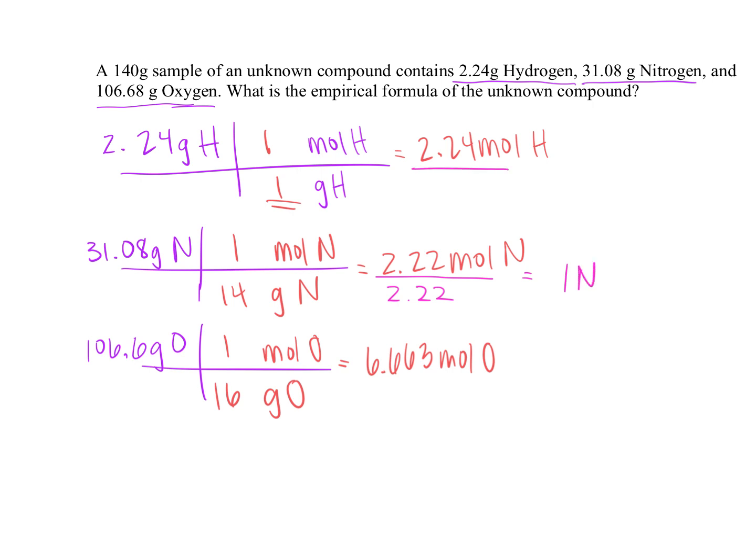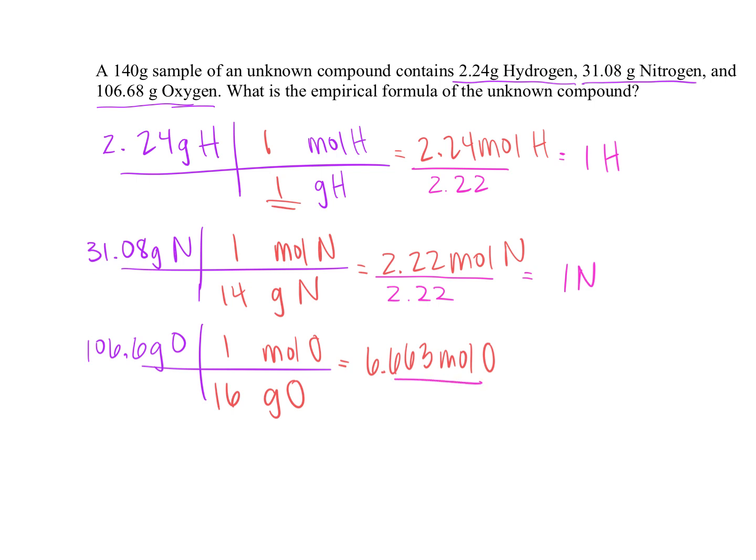I'm going to take this one divided by 2.22 because this is our smallest number of moles right here. And when I do that, I'm going to get really, really close to what? Not 0, 1. I'm going to get really, really close to it because I'm almost dividing by itself. So I could run the math, but I know I'm going to have a ratio here that needs 1 hydrogen.